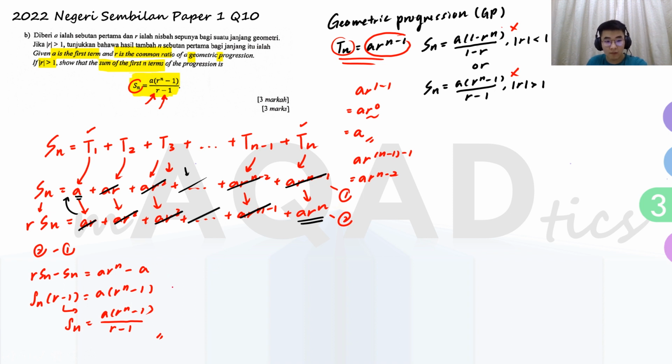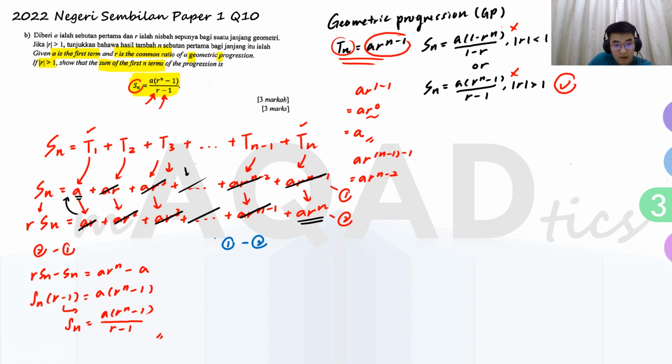But you may be wondering, if I want to prove this equation it would be something like this, but what if the question asks to prove this other equation? It is actually the same thing. The only thing which is different is here we subtract the second equation from the first equation, so it will be the opposite way.